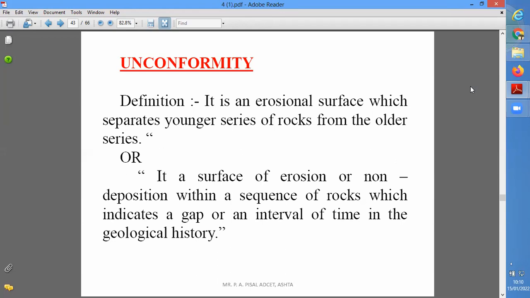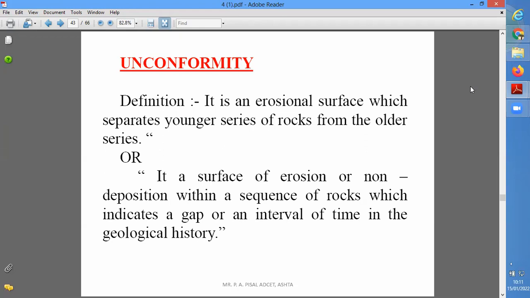So in this topic, under this unconformity title, we are going to discuss the meaning of unconformity, its types, and its engineering significance, etc. Okay. So starting with the word unconformity, what will be the general meaning of this word?